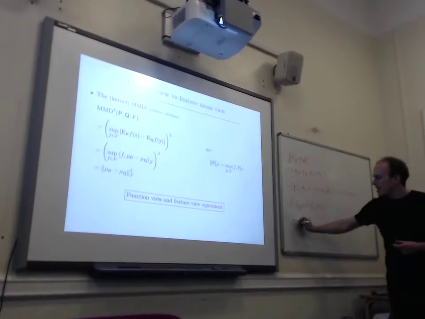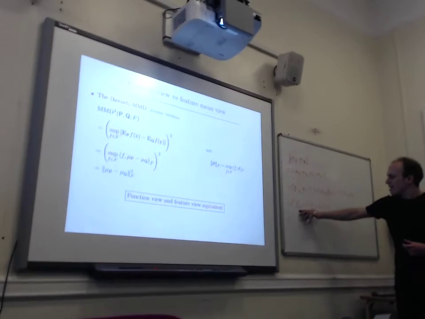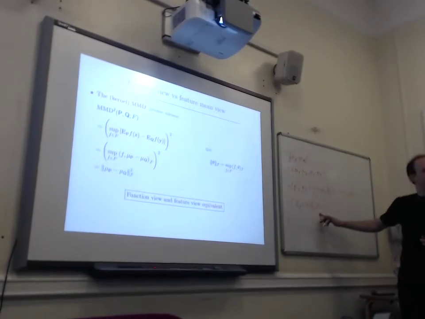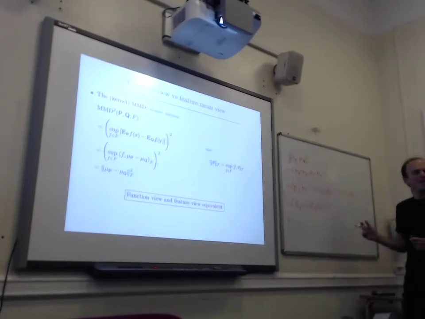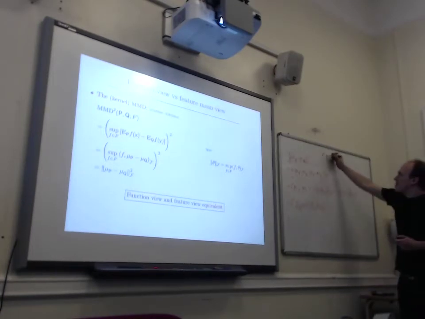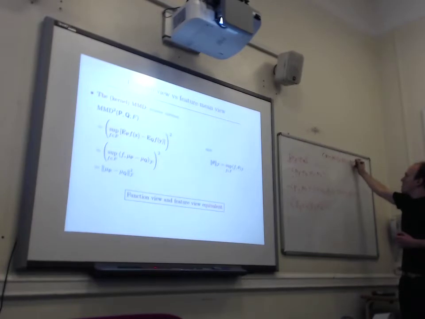Okay, so this expression here, does someone want to guess what it turns into? So the inner product of the two expected feature maps of X. So we know the inner product of the feature map of X and the feature map of X dash, that's the kernel. So now I've taken expectations.